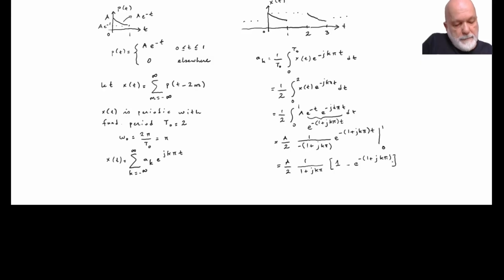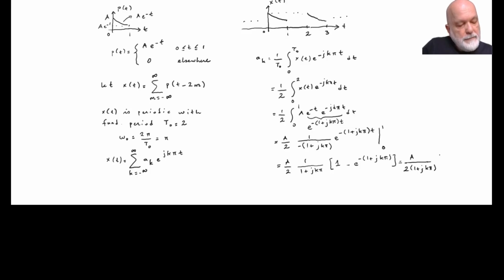Okay. Now, let us look at this exponential. Let me write it over there. So we have a over 2, 1 plus j k pi.